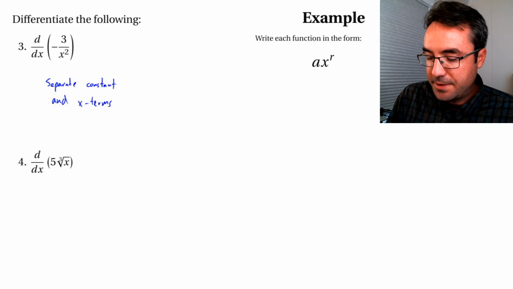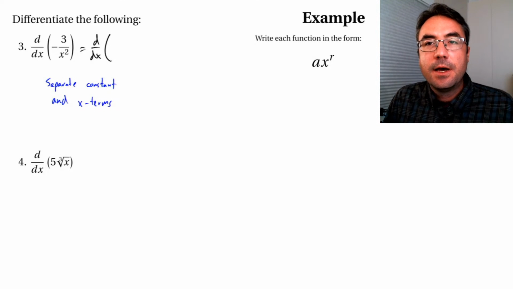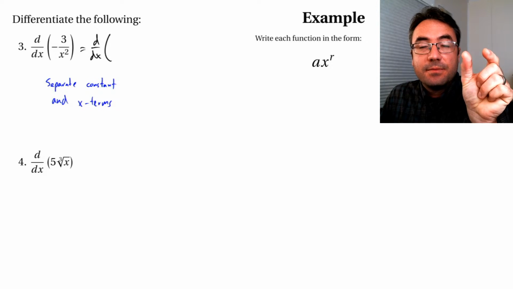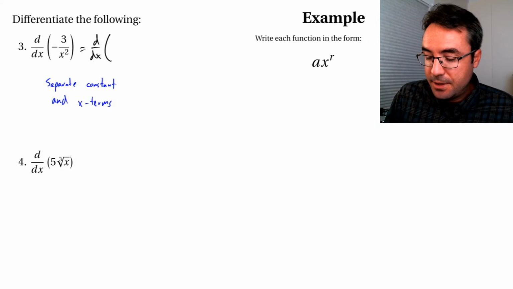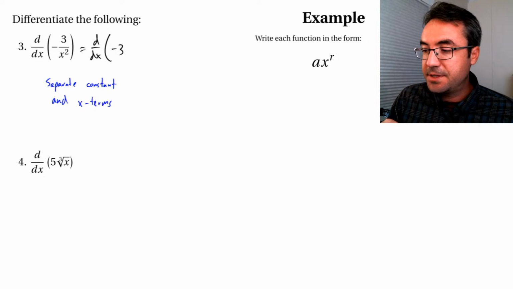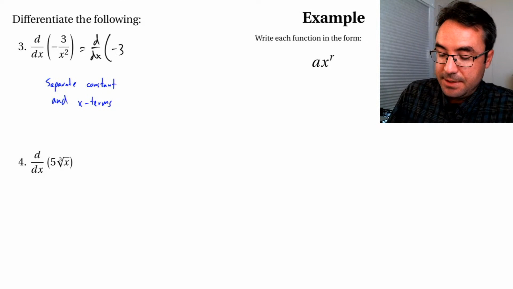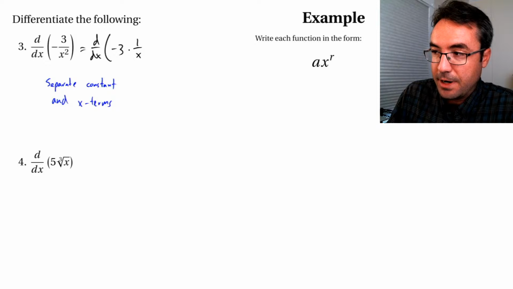So we're just going to rewrite this function before we do any derivatives. The negative, we could think of that as like a negative 1. We have the 3, so we could write this as negative 3 times 1 over x squared.